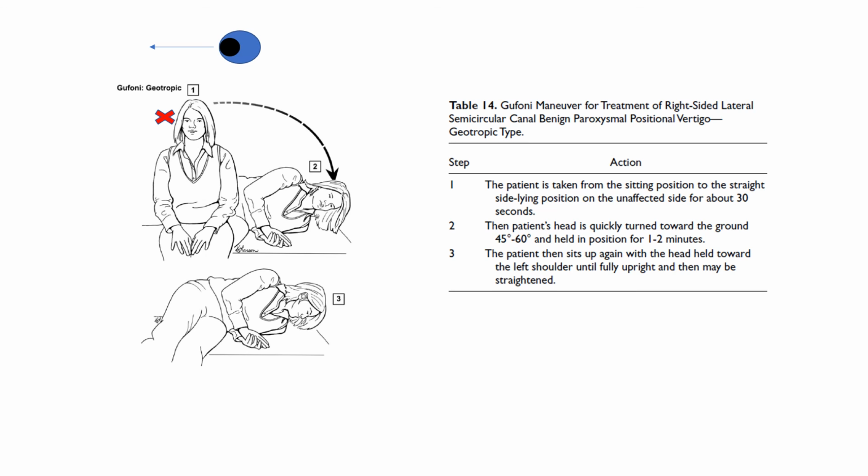After that, they will have to sit up. And there's a bit of variation here as well, but usually you'll go up with their head still in this position, and then they will have to turn their head once they're upright. Okay, so that's the Gufoni maneuver.